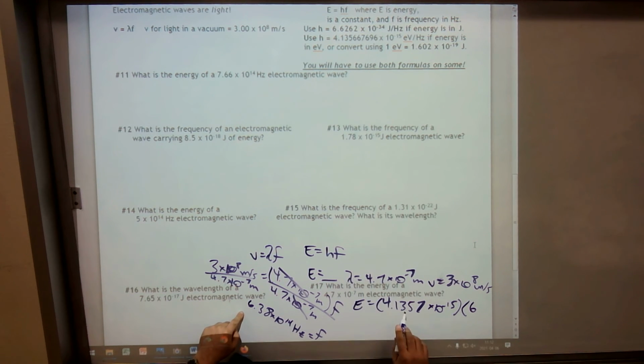It's HF, so I did H, and here's F, 6.38 times 10 to the 14 Hertz. And if I do that, times 4.1357, I got 2.64.